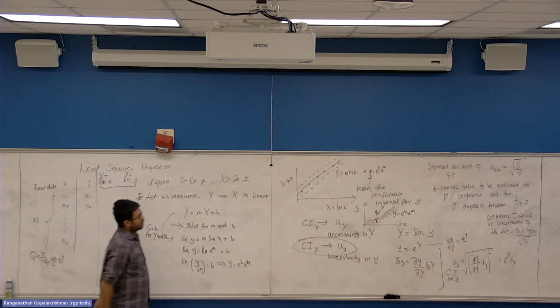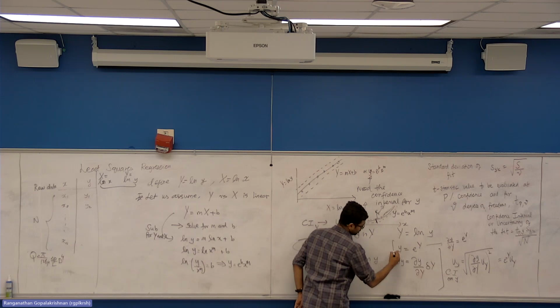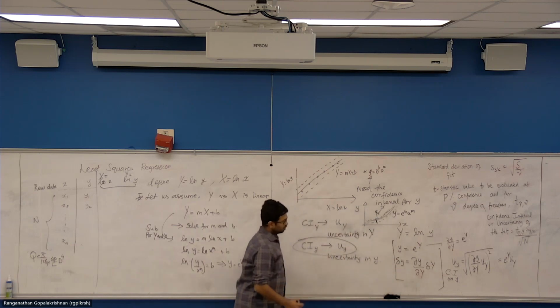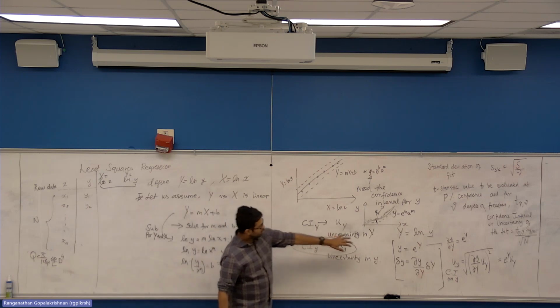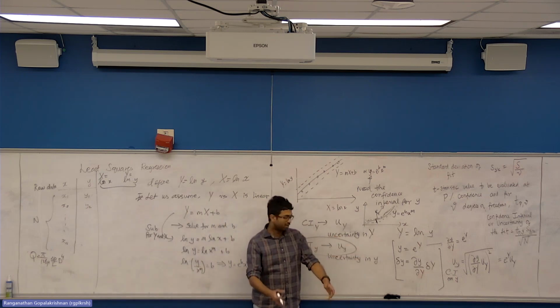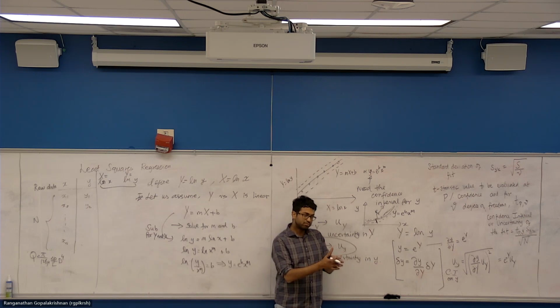Okay. So the concept I'm introducing to you is this one here. How do you get the uncertainty in the quantity that you are really seeking in terms of the quantity which is just an intermediate? Okay.